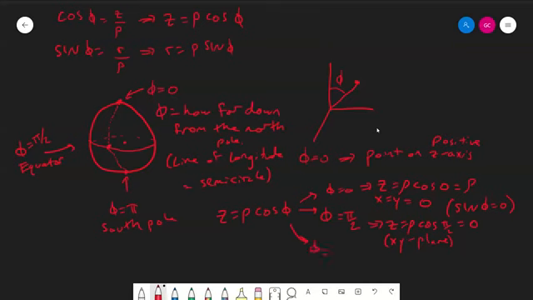And if phi is equal to pi, well, now you get that z is rho times cosine of pi, which is negative rho. So that means that you're on the negative z-axis, and again, x and y will both be 0. So you can really see the effect of phi completely algebraically this way. But here's the geometric way of how to think about it.